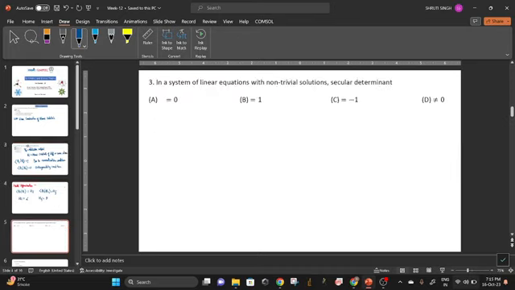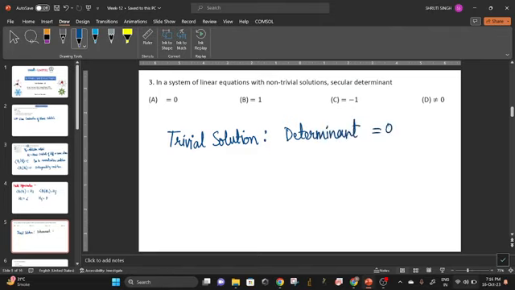Okay. So next is, in a system of linear equations with non-trivial solution. Non-trivial solution means it is not equal to 0. For a trivial solution, the determinant equals 0.